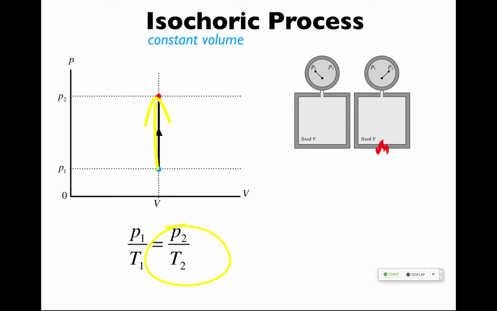All right, what do we know about the work? What's the work here? 0. The integral of this is 0. So the work's 0, which means change in thermal energy is equal to Q, the heat. How do we calculate the heat for a constant volume process?